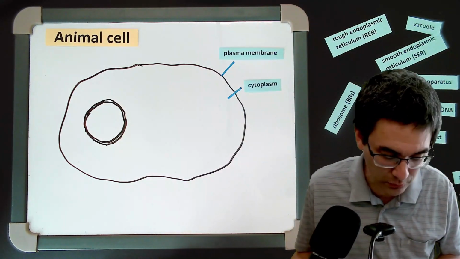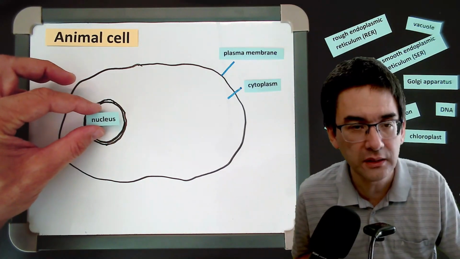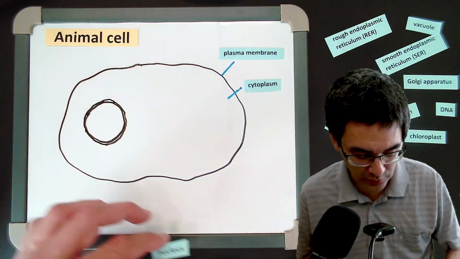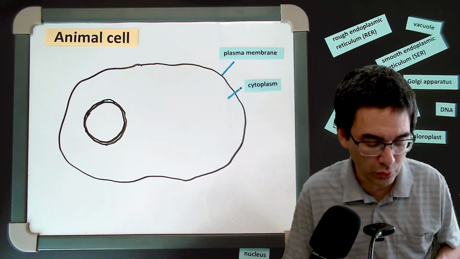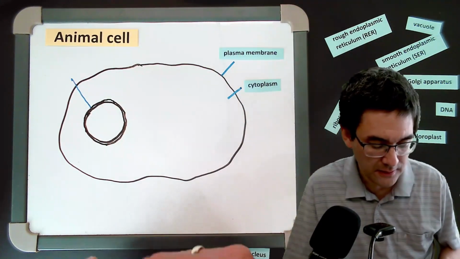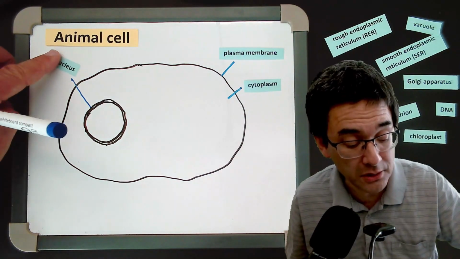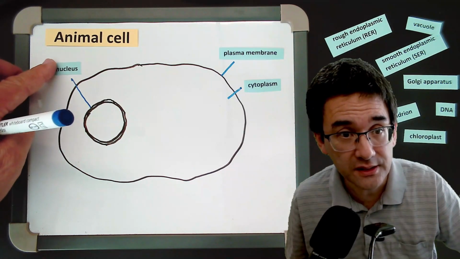So where is nucleus? I'm going to label this as nucleus. Maybe it's not a good idea to include the label inside the drawing as well. I want to keep the drawing clean. So I'm going to point to the nuclear membranes, and some people also call it the nuclear envelope because there are two of them here, and this is how it looks.